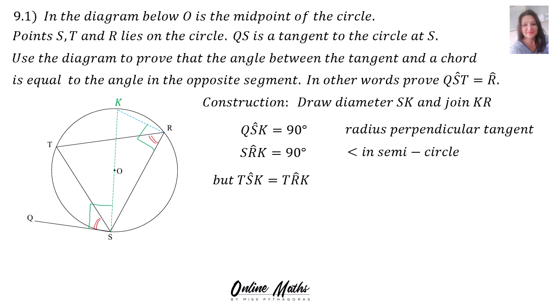But angle TSK is equal to angle TRK, this tiny little angle there. And the reason is angles in same segment. Therefore, we have that angle QST is equal to R.